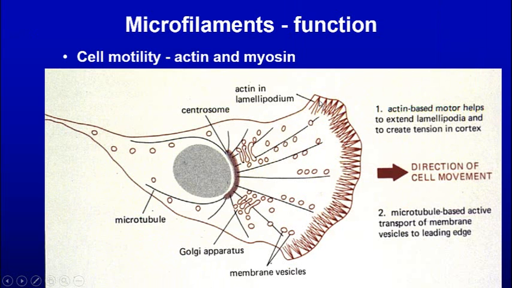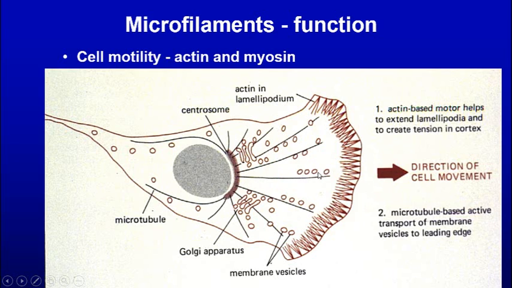And here we can see where the actin is pushing on the cytoplasm, and here where we have a centriole, we have the microtubules directing the vesicles to be used as plasma membrane here. So we're pushing along and adding membrane here so the cell can move in this direction.